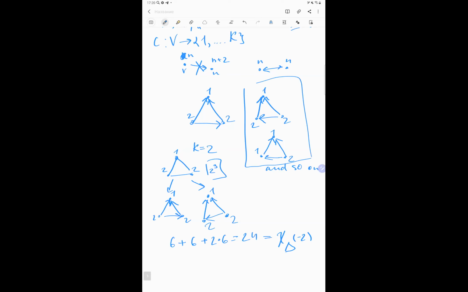Two of the 8 possible orientations of the triangle contain cycles, and we cannot meet them in any case. That's why we have 6 rather than 8. Okay. Что? По модулю. We always have absolute value.